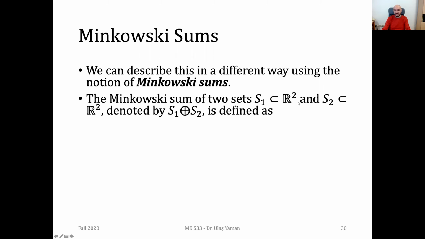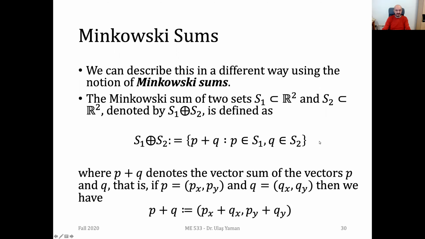They are all two-dimensional, members of the two-dimensional plane. That's a very simple operation. The members in the first set and the second set should be summed together, and this will give us the resulting Minkowski sum.